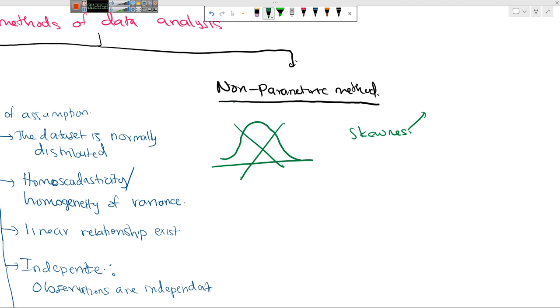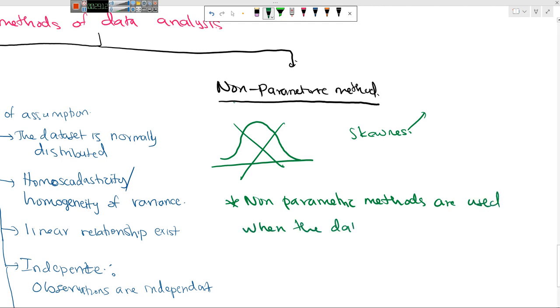Now we have to understand that non-parametric methods are used when the data set is not, this word is very important, not normally distributed.